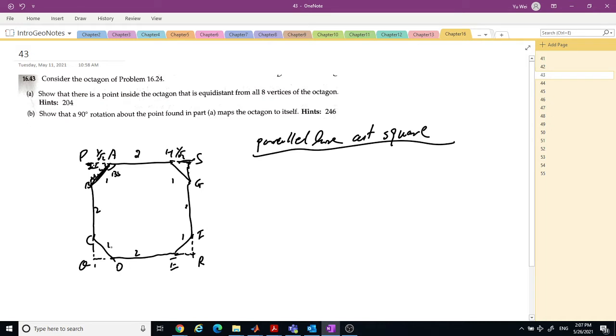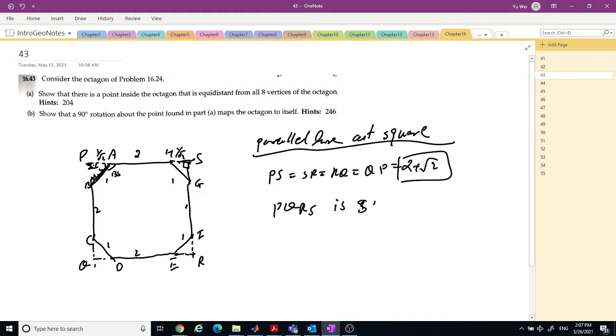After extrapolating everything, you can see PS equals SR equals RQ equals QP, which equals 2 plus root 2. And you also have a 90 degree angle here, so PQRS is a square. This is the first important result.